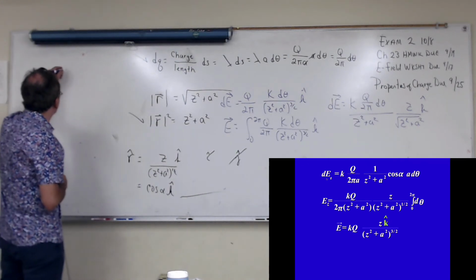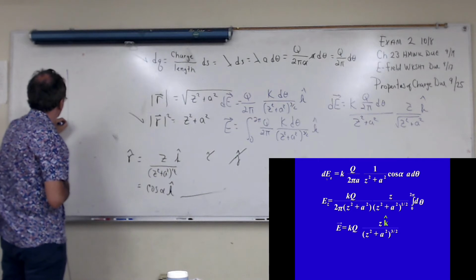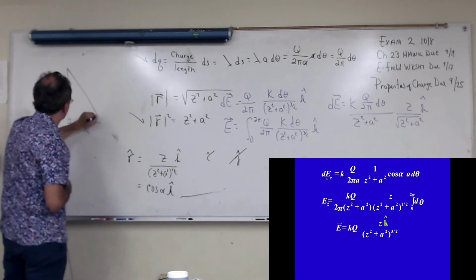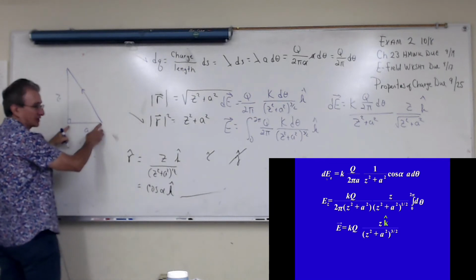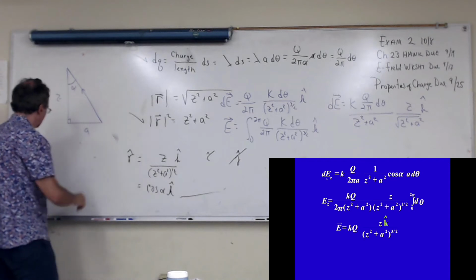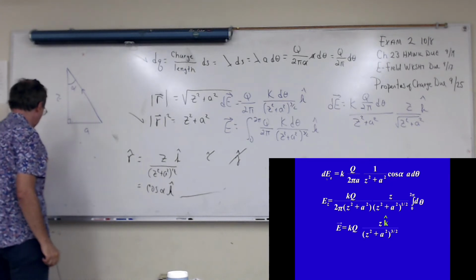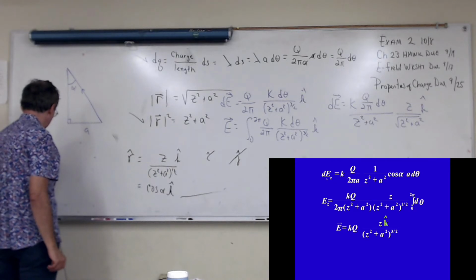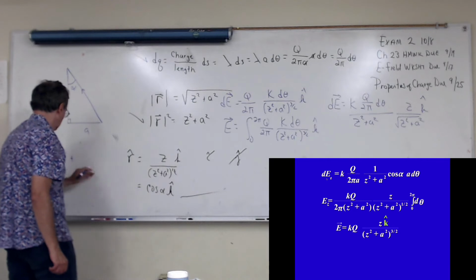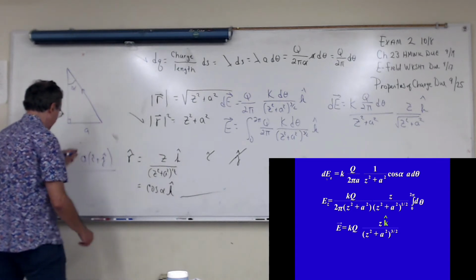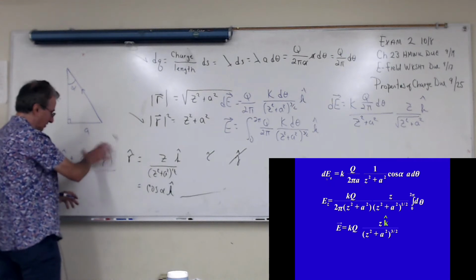Because really the triangle that we have, this is A, this is Z. And really this has X and Y components because this is an X and Y plane, but this is alpha. So r hat is basically this is not correct. Okay, this is not correct. There's a bunch of other stuff in there.